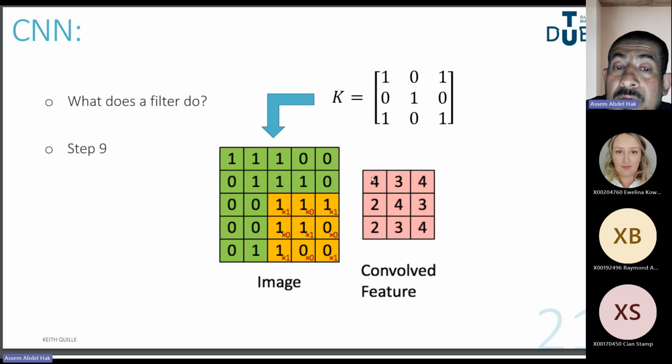So I can know exactly where the vertical line exists in the image. That is spatial data. Spatial means the location.